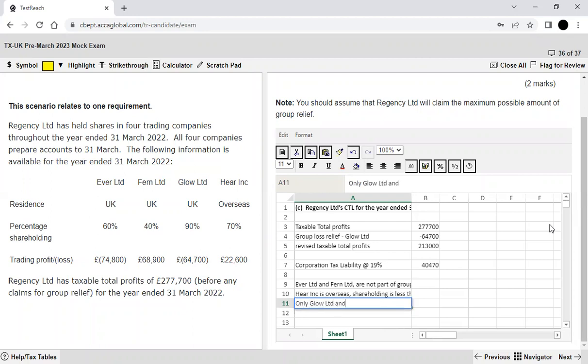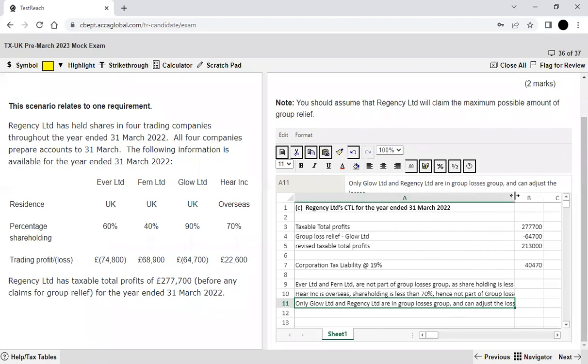Only Glow Limited and can adjust the losses. So this requirement was of 2 marks. So I believe that's pretty much fine to cover the 2 marks.